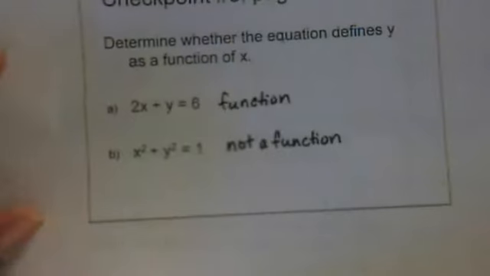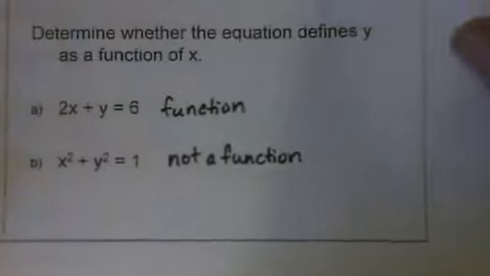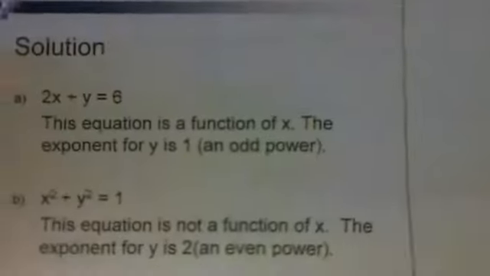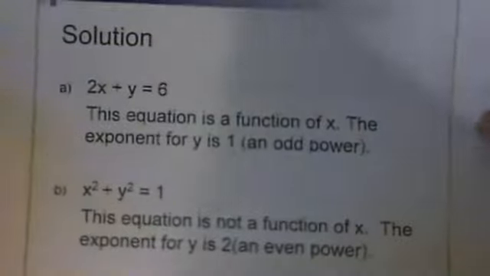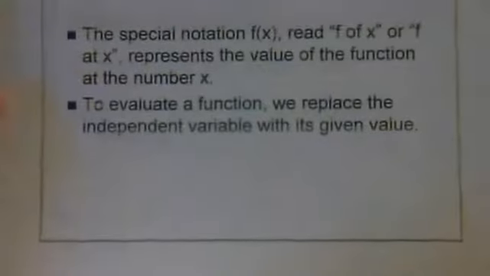So x squared plus y squared is equal to 1 would not be a function. So do be familiar with how to identify a function from looking at just the equation itself. And that right there is the solution and the explanation of why those particular equations are not functions.